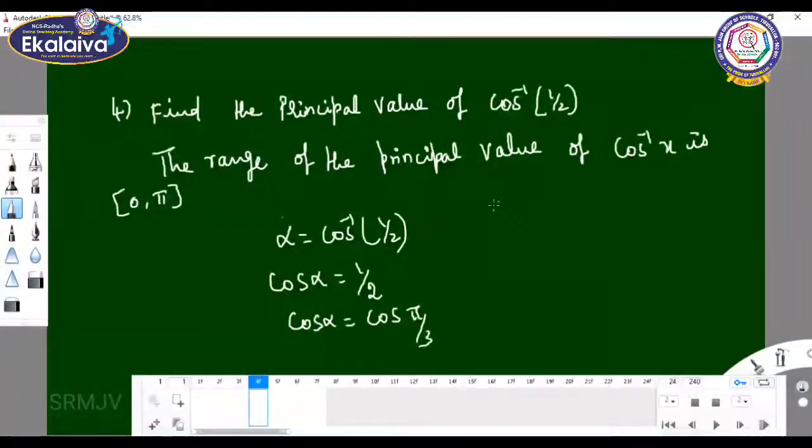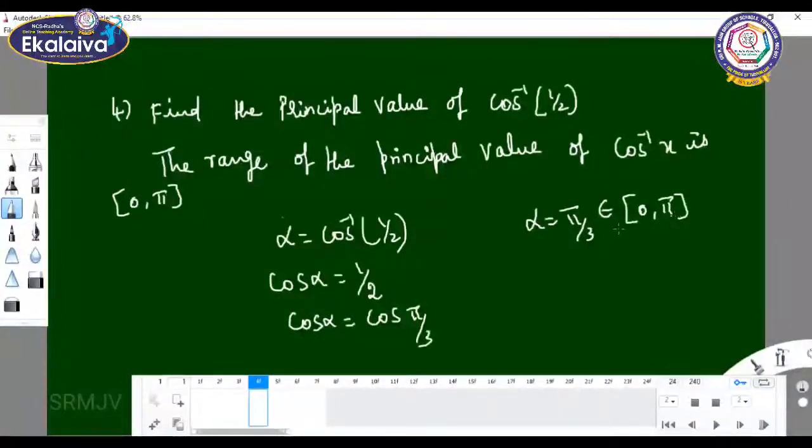So alpha equals pi by 3. It belongs to the interval 0 comma pi.